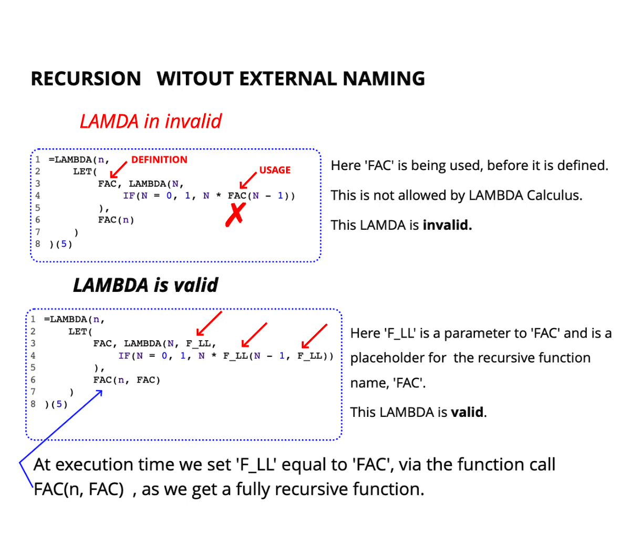At execution time, by including the calling function's name in the parameter list, we are effectively assigning the placeholder to the calling function's name. In so doing, we get a fully recursive function.